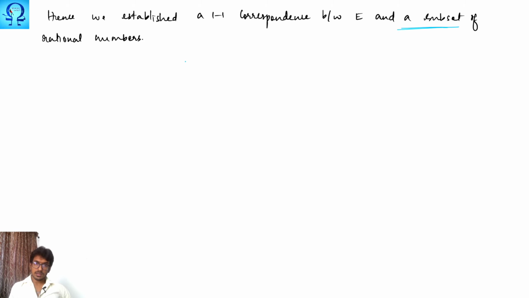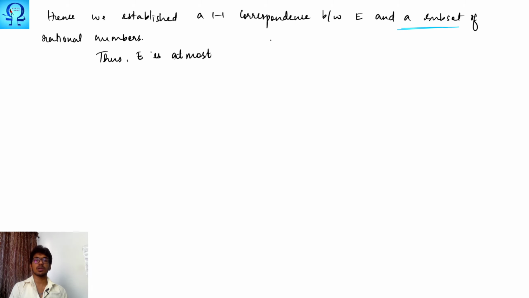So we established a 1-1 correspondence between these two things. We know the set of rational numbers is countable. Here we are talking about a subset of rational numbers. Hence, the set E is at most countable.